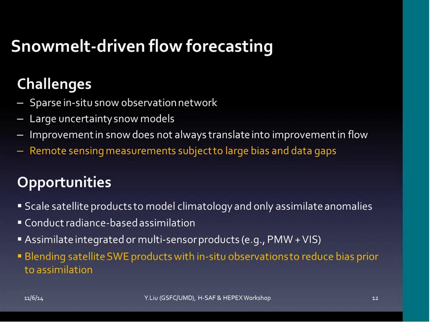There are some opportunities out there that we can take to deal with these issues. One of the popular methods, which is also used in soil moisture data assimilation, is to scale the satellite products to the model, and then you only assimilate the anomalies. But in that case, you need a very good model to start with. Otherwise, you're not ending up with any good results.